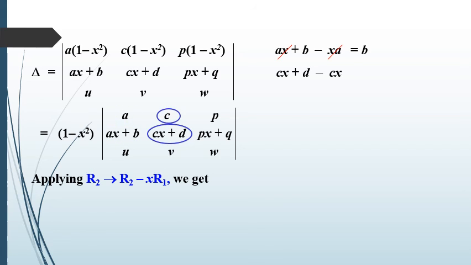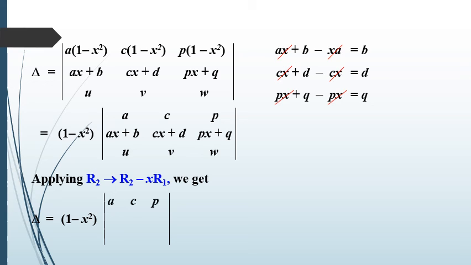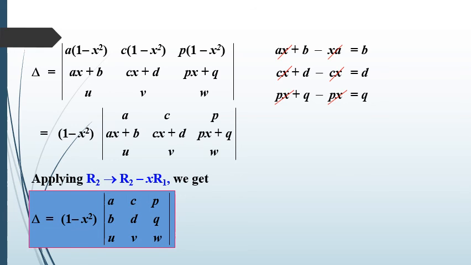So on simplifying, the first element of R2 minus X into the first element of R1, we get B. Similarly, when we simplify the second elements of R2 and R1, we get D, and the third element, we get Q. So the values of the second row will be B, D, Q. So on simplifying and substituting the new values of R2, we get delta equal to 1 minus X square into the determinant A, C, P; B, D, Q; U, V, W, which is the required RHS.